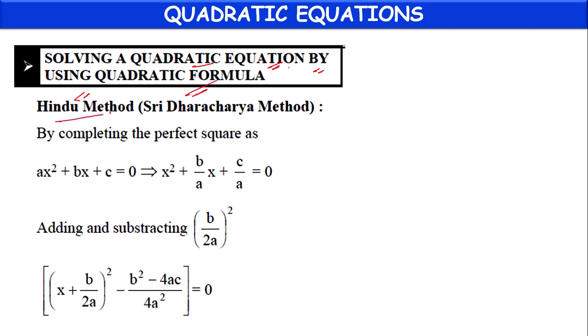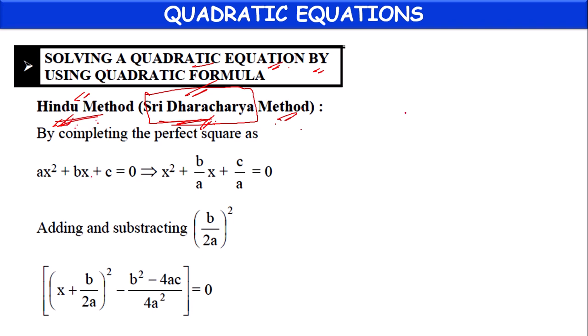This method is called the Hindu method or the Sridharacharya method. A well-known mathematician, Sridharacharya, proposed this method. That's why it is called the Sridharacharya method, or it is discovered by Hindus, formulated by Hindus, so it is called the Hindu method.